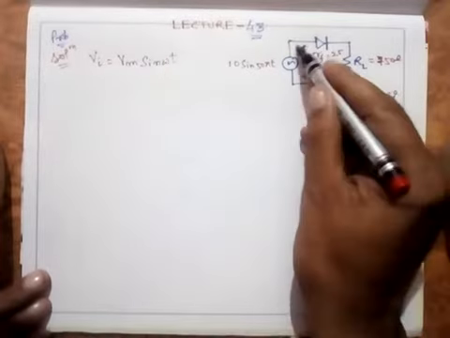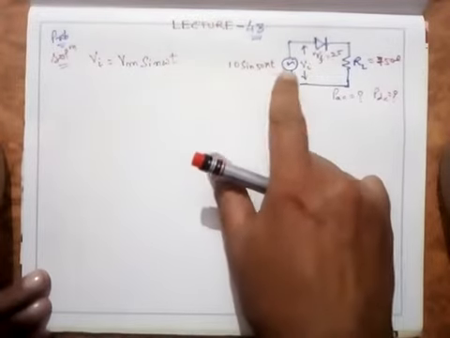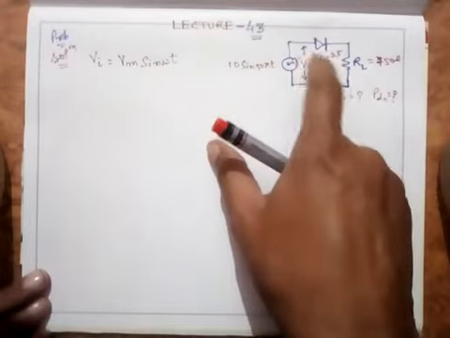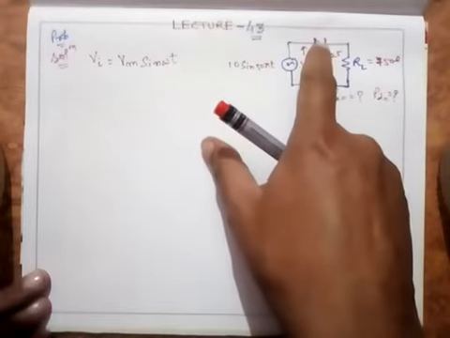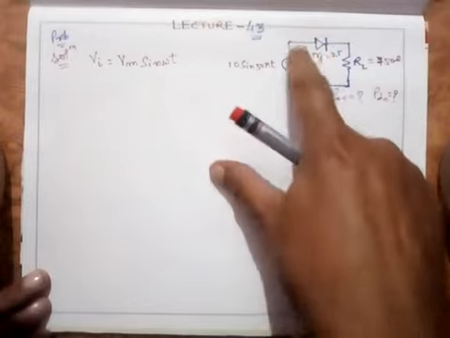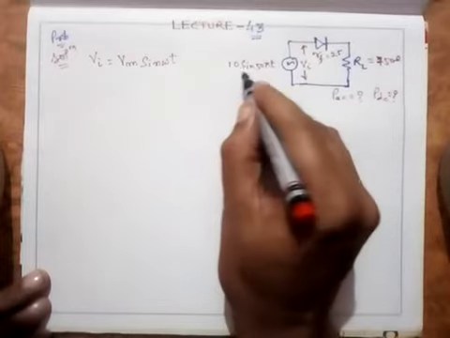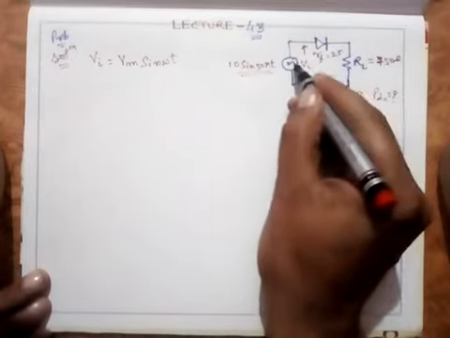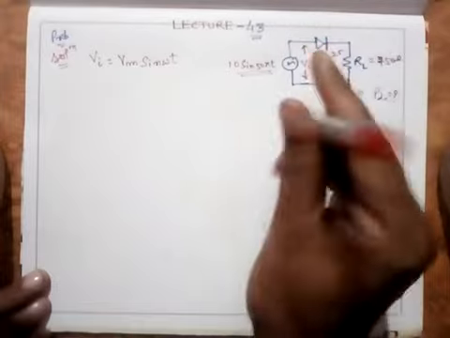Actually transformer is not shown here. It is the voltage which is applied between the anode and cathode of this diode. This voltage is considered as a secondary voltage of the transformer.